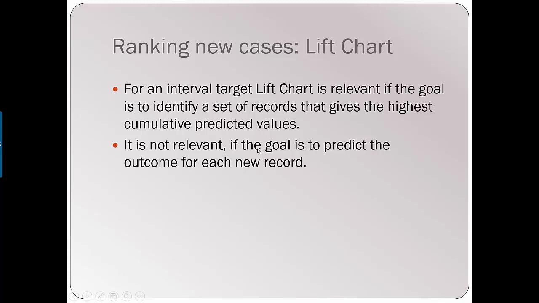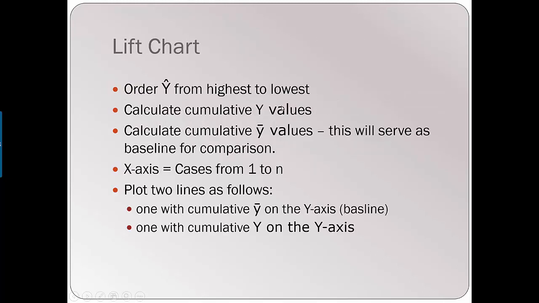It is not relevant if the goal is to predict the outcome of each new record. But if you want to identify a set of records that gives the highest cumulative predicted value, then a lift chart is a good measure. So how do you generate a lift chart?